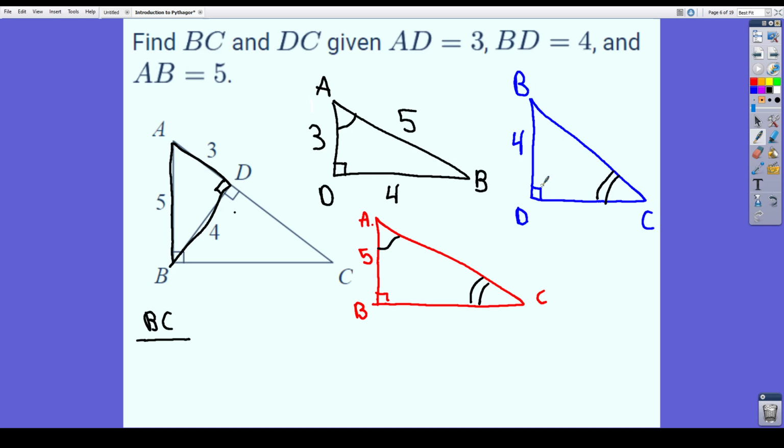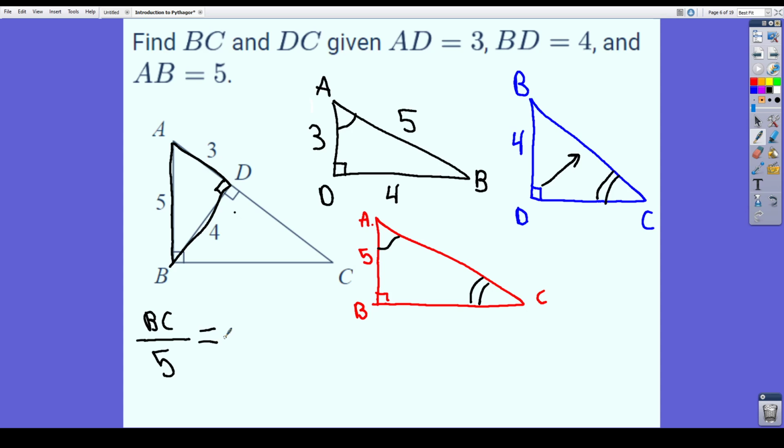How can I tell? Well, the hypotenuse is always across from the right angle. So now I have to pick another triangle's hypotenuse to create a ratio. Well, if we notice ABC, we do not know what the length of the hypotenuse is, so I cannot use that. However, in ADB, I know that the hypotenuse has a length of 5, so therefore I can write a 5 below like that.